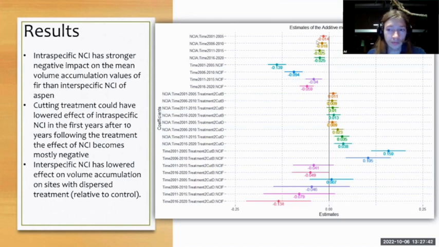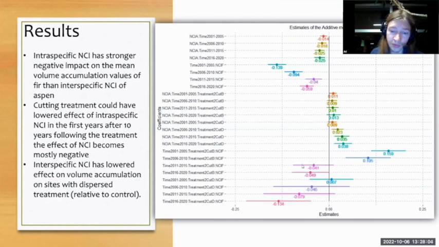Okay, so the cutting treatment has a negative effect for the first 10 years following the treatment, when the competition indexes become mostly negative.